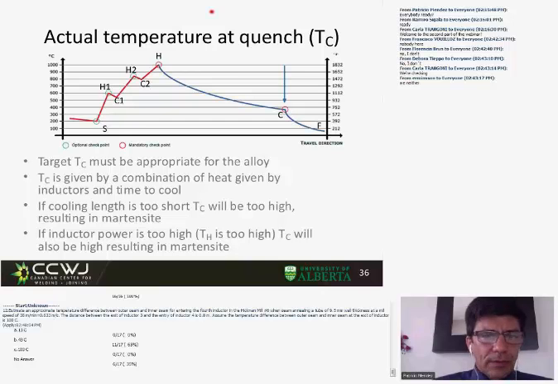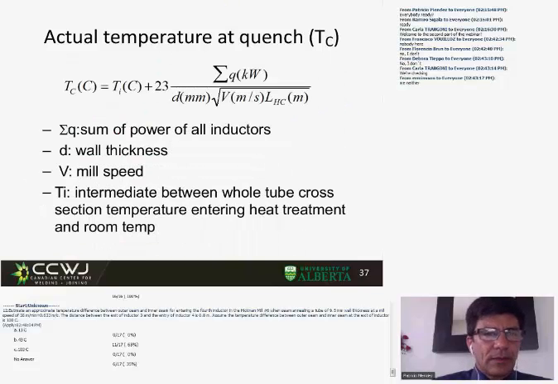What I wanted to discuss now is how we make sense of this quench temperature, TC. With my apologies again, by TC I mean the temperature at which we get into the case, not the cold temperature entering an inductor. We have a formula for that, based on a well-known analysis done for welding.